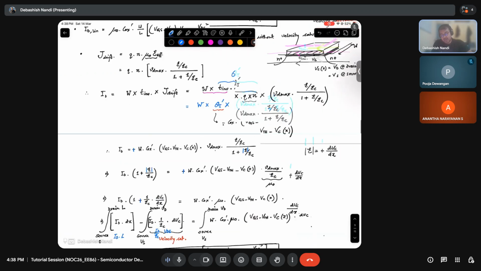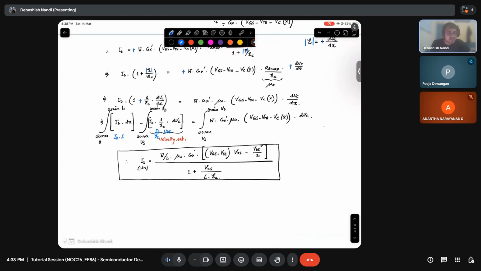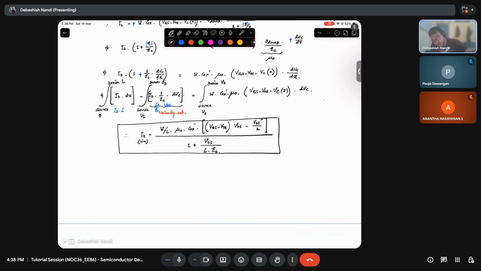The main purpose is, when you get the result, how to read those results. So the first thing is the first impact of velocity saturation: the ID in the linear region is lower.